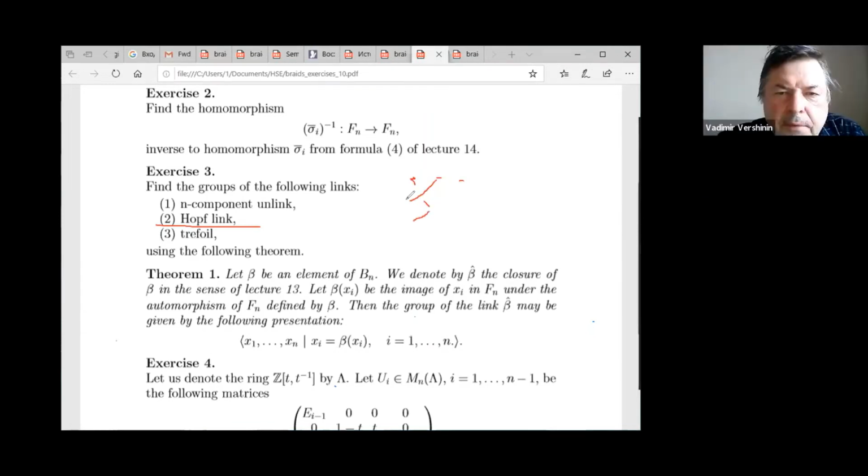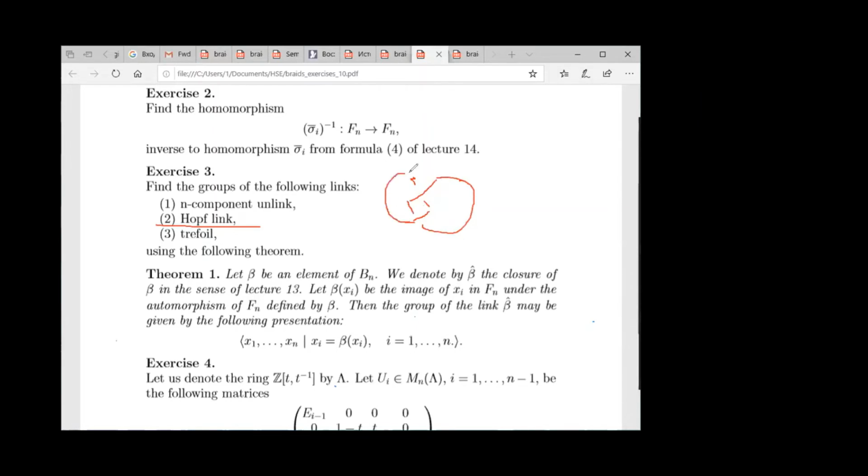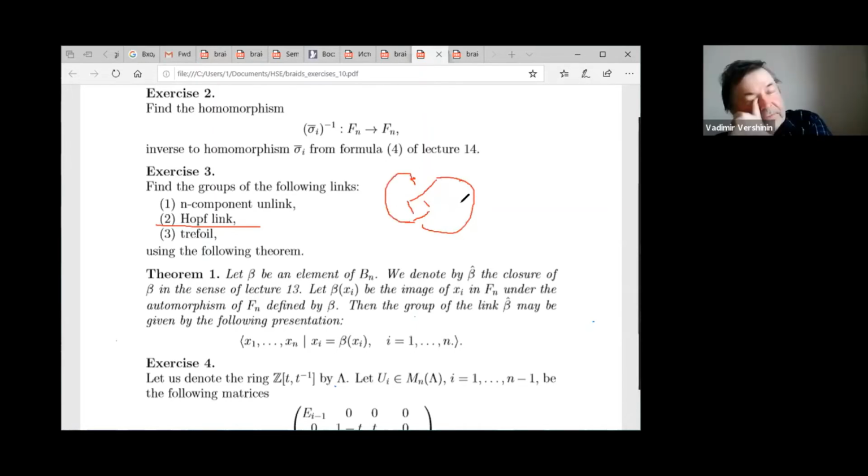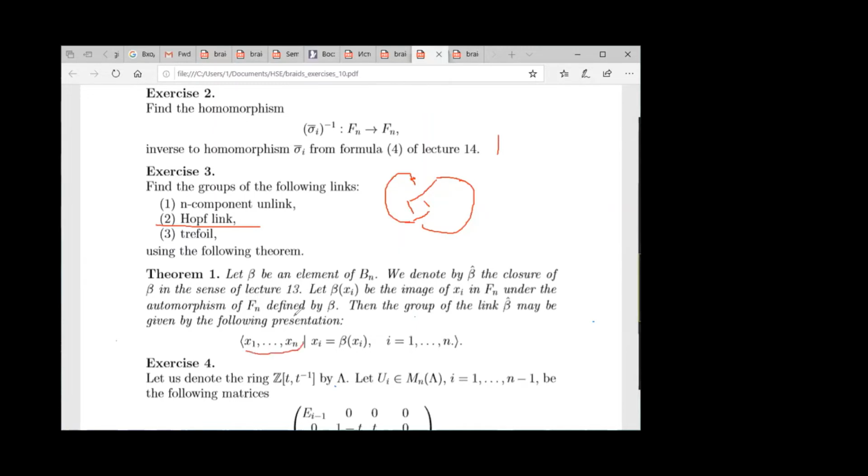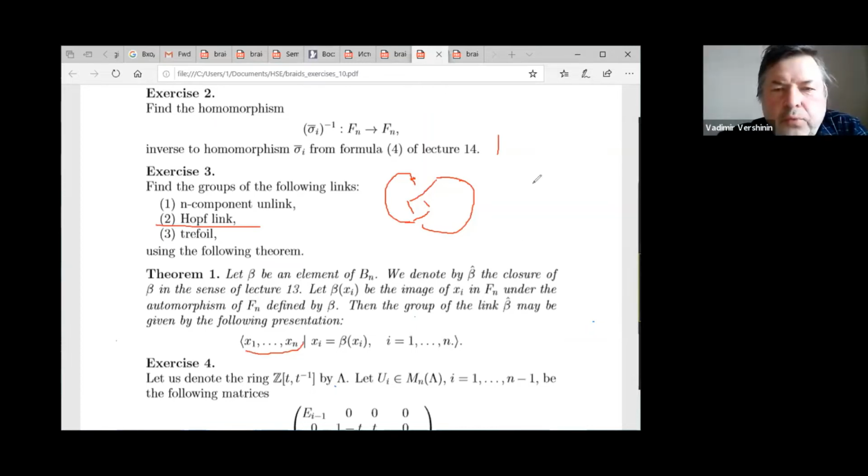I'm trying to make pictures, right? Yes, and this is a Hopf link. We should start with 2 generators here. Suppose that n equals 2. So what should we have? We should consider sigma 1 squared.